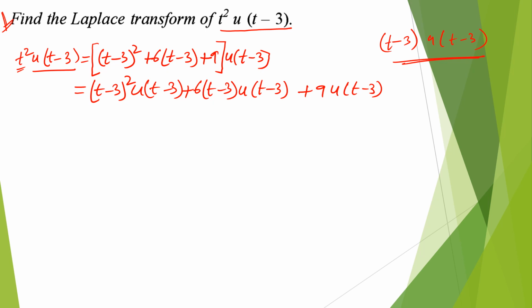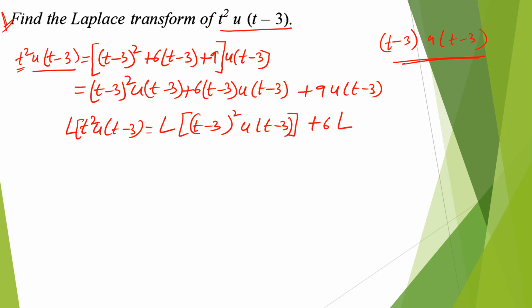Now taking the Laplace both sides, Laplace of t square u(t minus 3) is equal to Laplace of (t minus 3) whole square u(t minus 3) plus 6 Laplace (t minus 3) into u of (t minus 3) plus 9 Laplace of u(t minus 3).